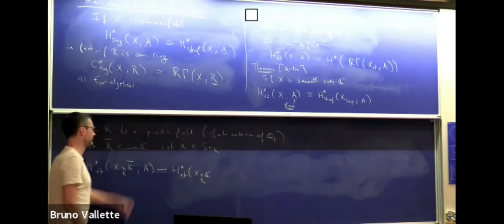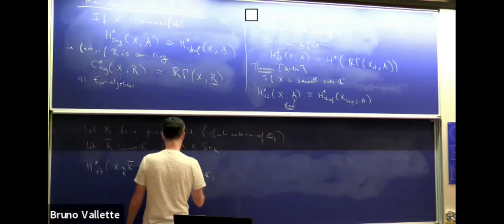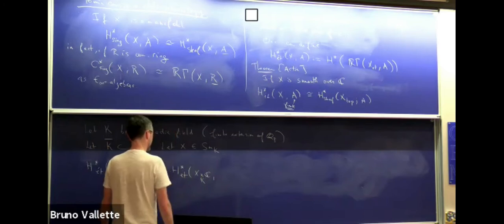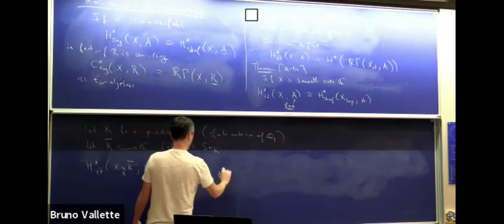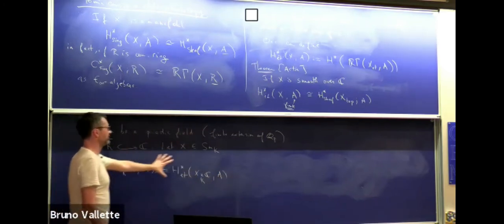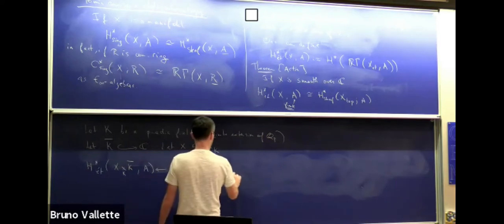So K bar embeds into the complex numbers. And I guess the map goes the other way, with coefficients in A.